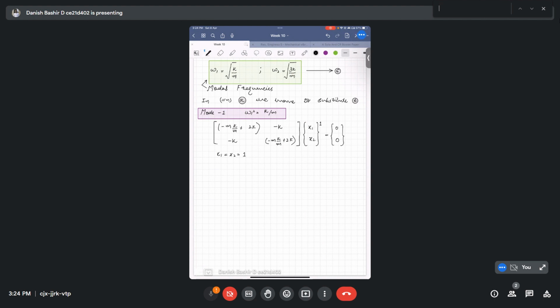So this is the relative displacement. If we want to write it in the actual form, we will write it as so, because we divided it by x2, it's the ratio. So the first mode will look like this.